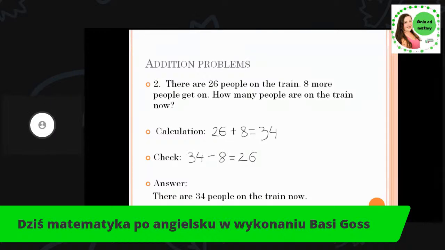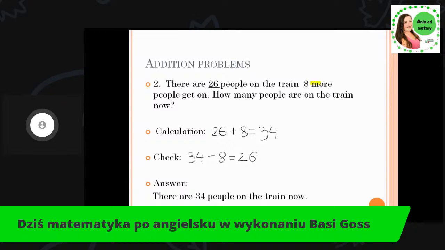Okay, before we go to the next question, let's have a look quickly. What numbers did we have here? We had 26 and 8. And which was the word that we used to decide that we're going to use addition?